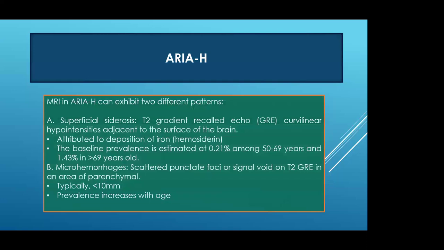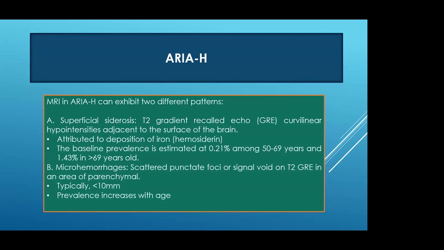For ARIA-H, we do have 2 types, like I said before: superficial siderosis and microhemorrhages. For superficial siderosis, we're gonna see it on T2 GRE, and they're usually curvilinear hypointensities. This is due to the blood products which are in the subarachnoid space, and they are essentially attributed to the deposition of iron in the form of hemosiderin.